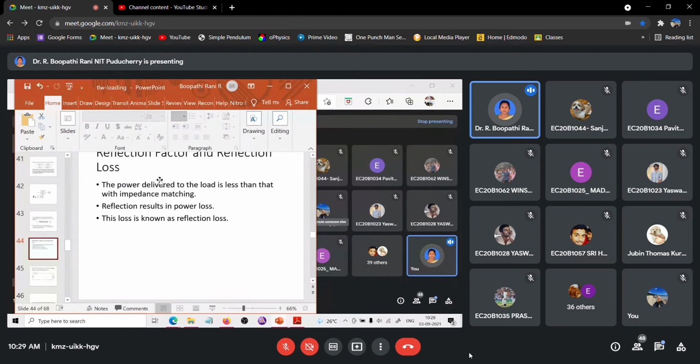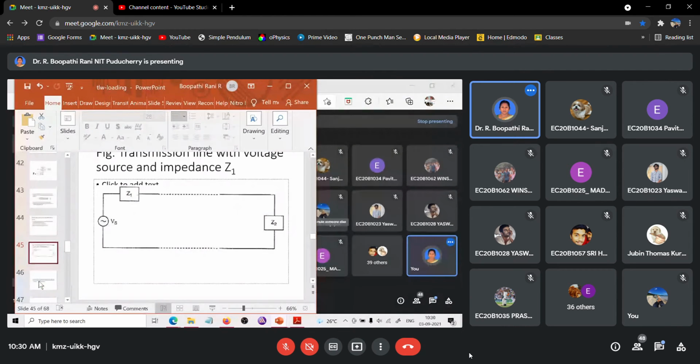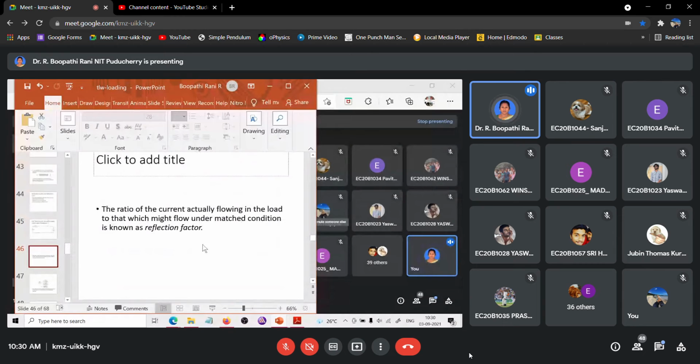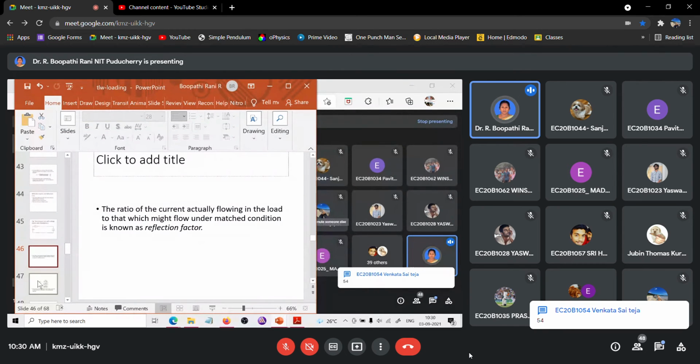Then the reflection can also be defined using other parameters. One such parameter is the reflection factor. The ratio of the current actually flowing in the load to that which might flow under matched condition is known as the reflection factor.